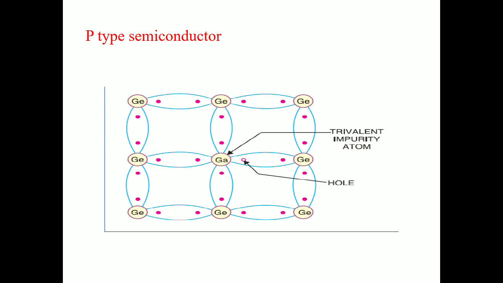In this, germanium has 4 valence electrons, and gallium has 3 valence electrons. So one incomplete bond, a hole, is available here. If you refer to the diagram, there is one hole, and it is an acceptor impurity. Compared with the n-type, it is an acceptor impurity, whereas the n-type is a donor impurity. These two things are very important.